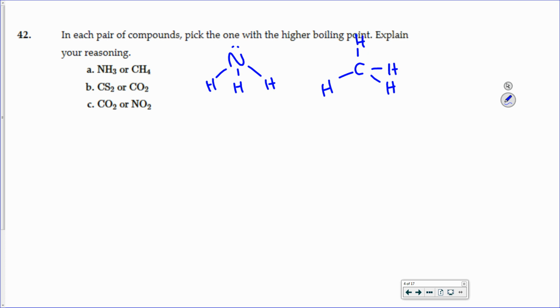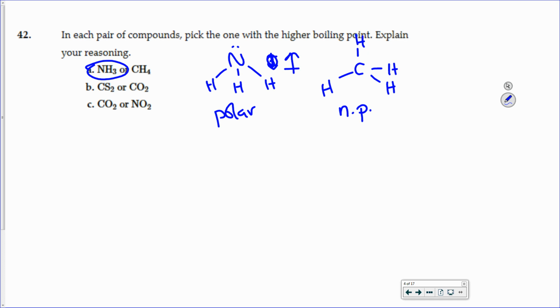In the tetrahedral, there's symmetry, and the symmetry makes this one a non-polar compound, whereas for NH3 there's definitely going to be a dipole moment heading in the up direction towards the nitrogen. So this one is definitely a polar compound. If it's polar, it's got both dispersion forces and dipole-dipole, so the one that's going to have the higher boiling point is ammonia in this pair.